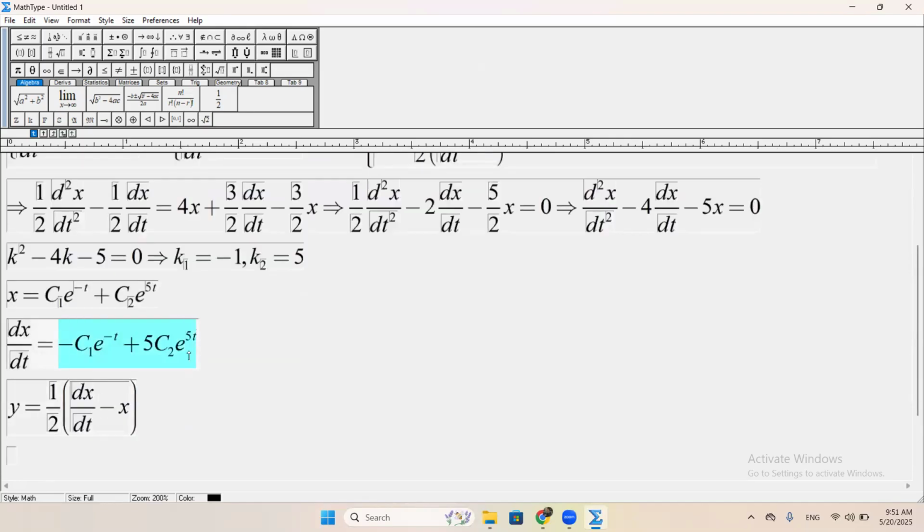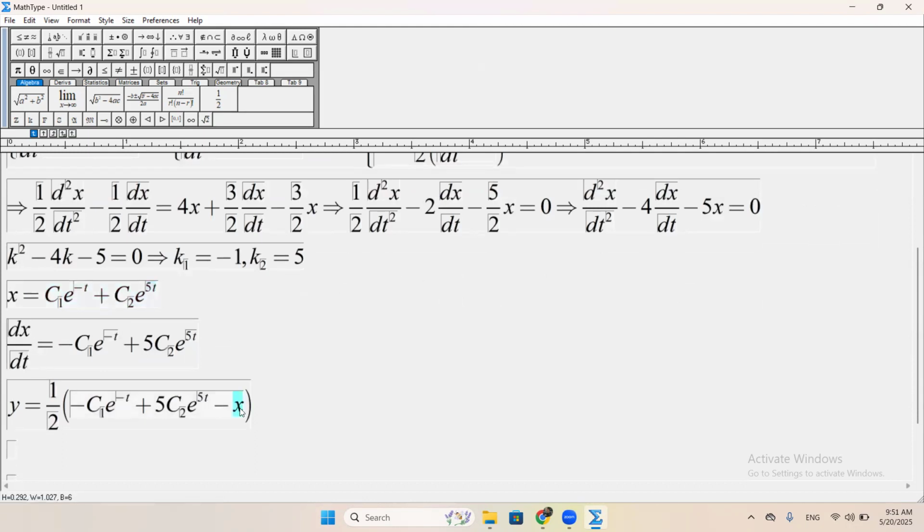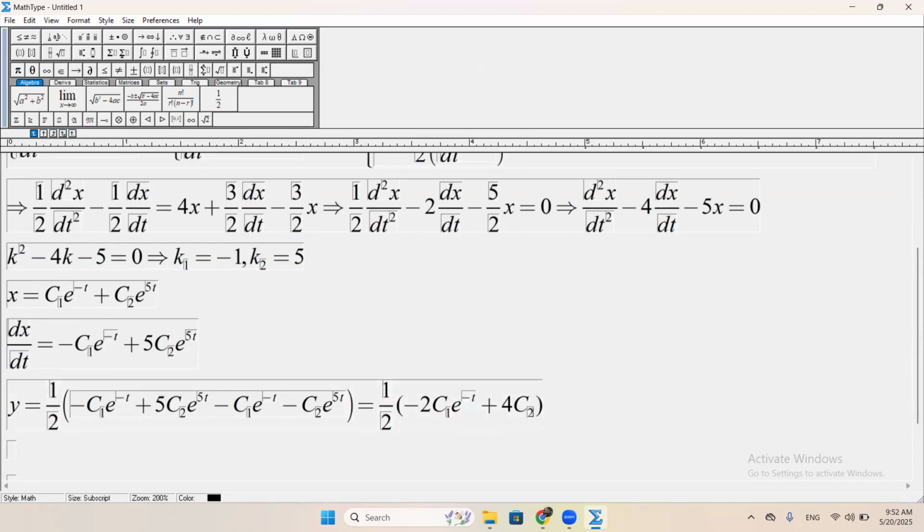So first derivative minus x, minus will be here. So it will be equal 1 over 2, and what I have here, minus 2c1 e in power of minus t, and plus 4c2 e in power of 5t.